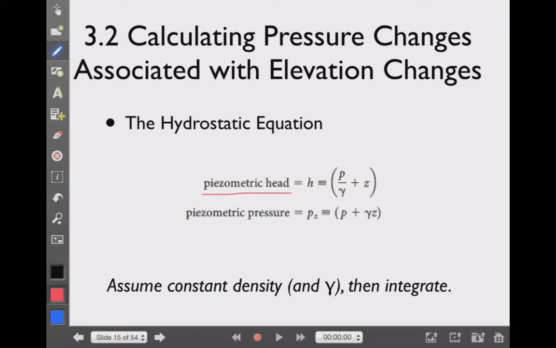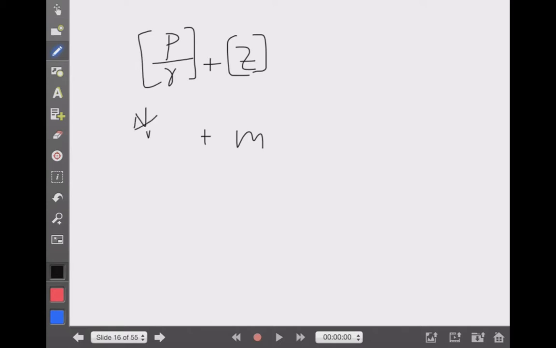Well, let's just take a quick look at the dimensions of this, the dimensional homogeneity. We know the dimensions of Z are meters. The pressure is Newton per meter squared, and the dimensions of gamma are newtons over meter cubed.